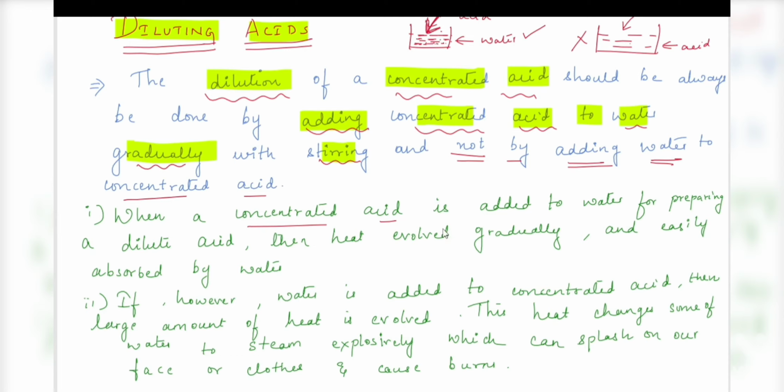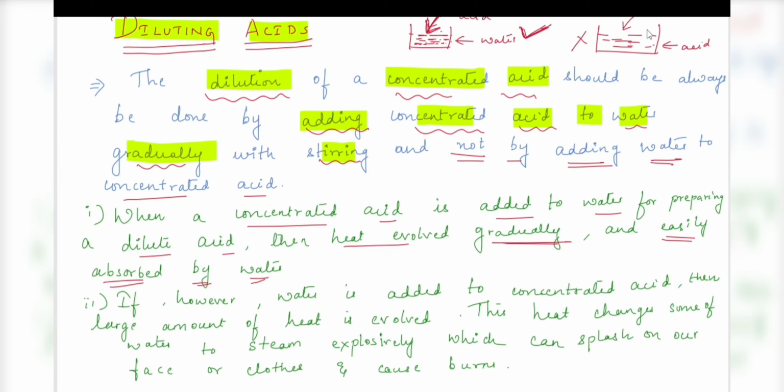So when a concentrated acid is added to water to dilute it, the heat is evolved gradually, and it is easily absorbed by the large amount of water present. This is the correct procedure for the dilution process. Suppose we take the acid and add the water to it.